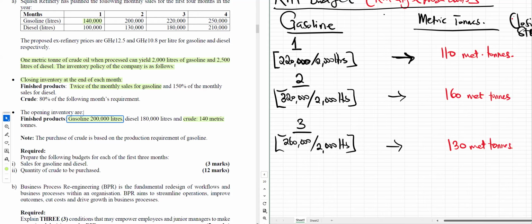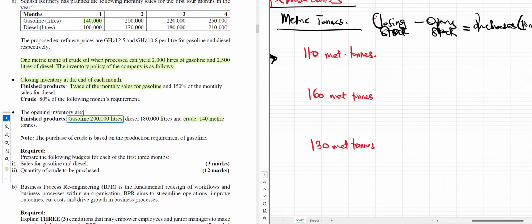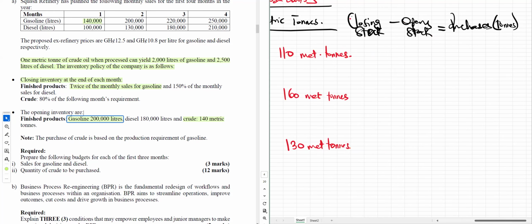Then when we go forward, what becomes our closing stock? They say 80% of the following month requirement. So closing stock for this month will be 80% of the 160 that I have here, which becomes 128. Do you all agree?